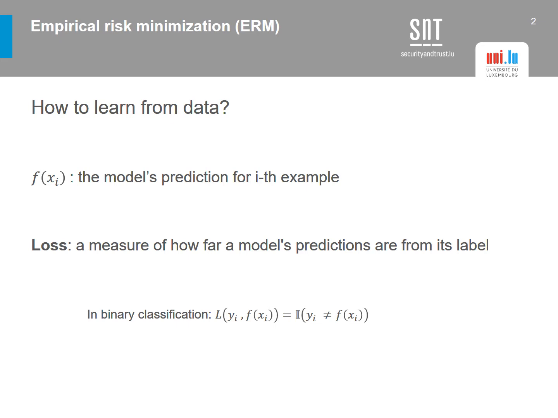If it's different, for example if the model predicts that an email is spam but in reality it's not, then we have a loss equal to 1.